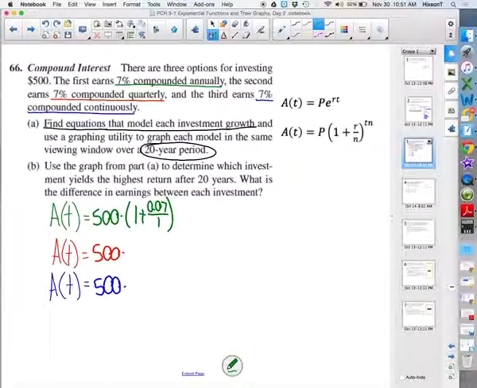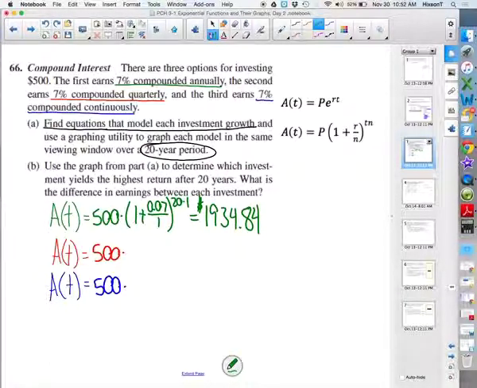Now, notice here for part A, they want us to look at a 20-year period. So we're going to put in 20 for t, and of course it'll be times 1 because n was just 1. What would that equal? $1934.84.